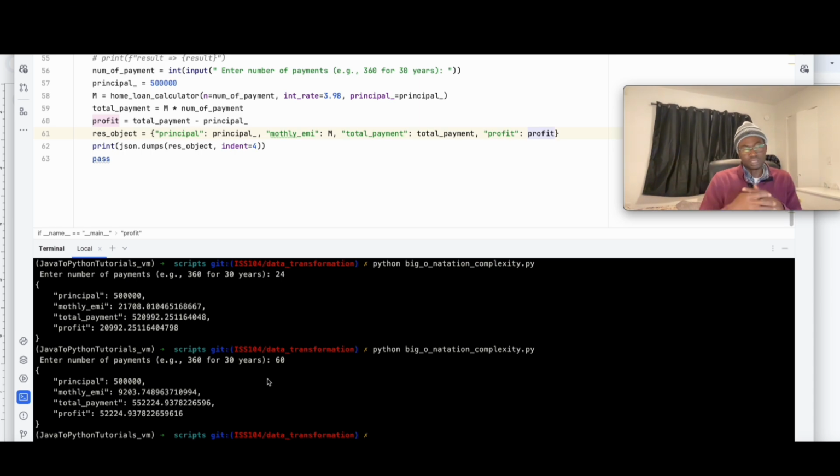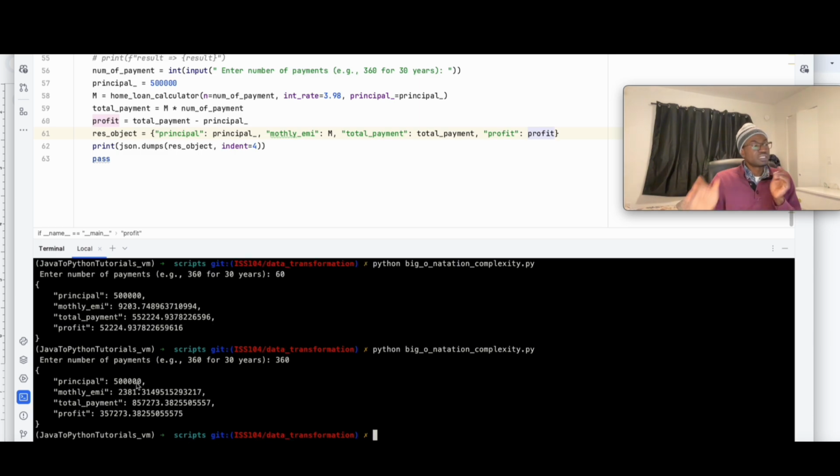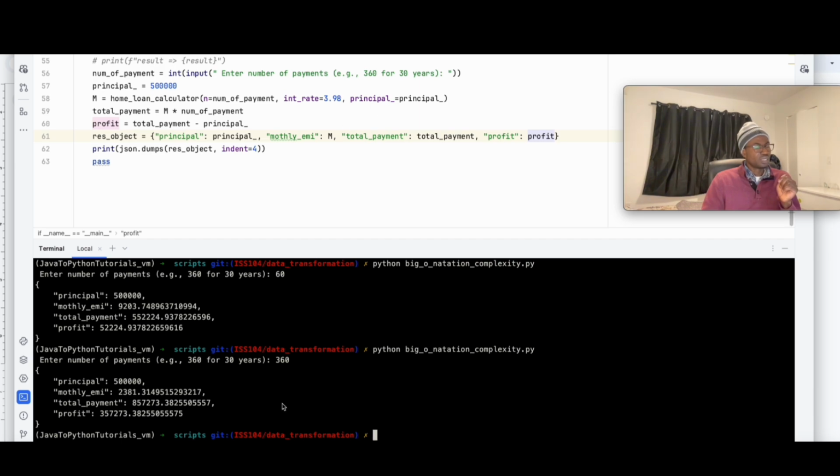So let's assume a realistic scenario where you want to pay this amount over a period of 30 years. So 30 years will be 30 times 12, which is 360 months. So let's enter 360 months. You can see for a $500,000 home loan, the principal, the monthly repayment at the interest rate of 3.98 will be $2,381.31.